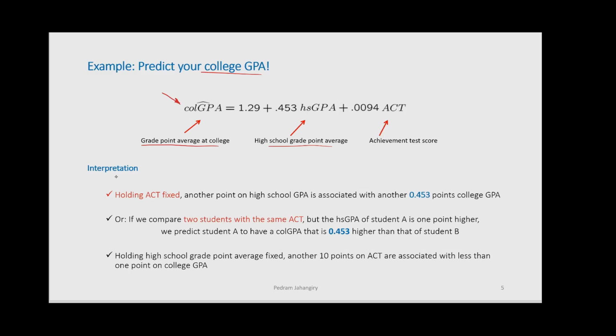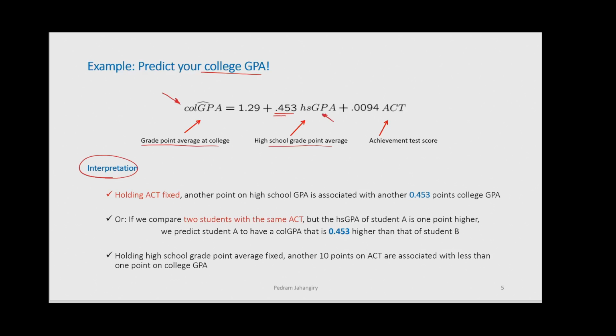How do we interpret? The main thing that we care about in regression analysis is how to interpret things, right? Calculation is easy if you're going to do it in R. So let's first interpret this number. How can I interpret that? We say if high school GPA increases by 1 unit, right?